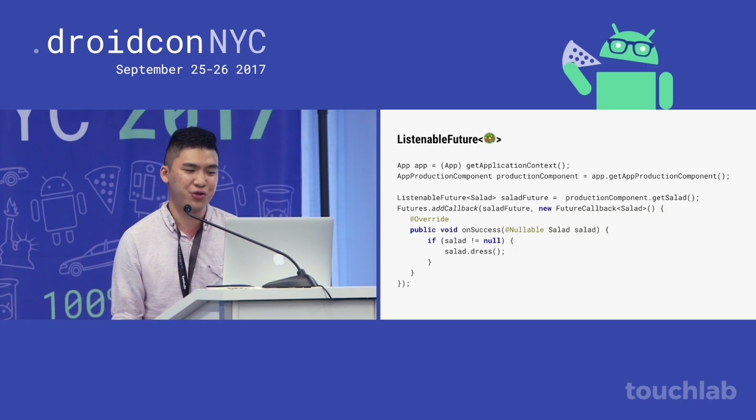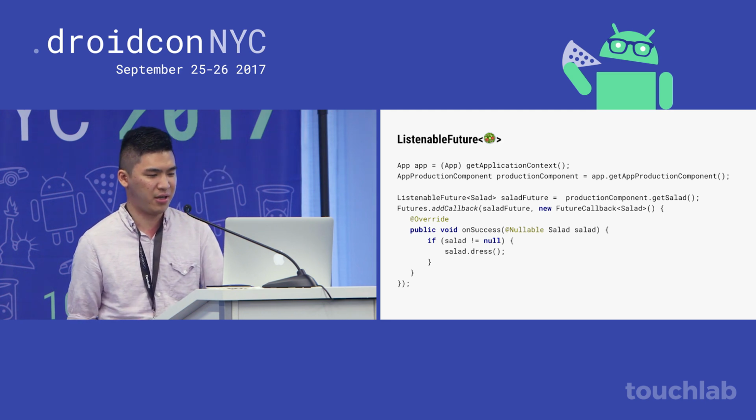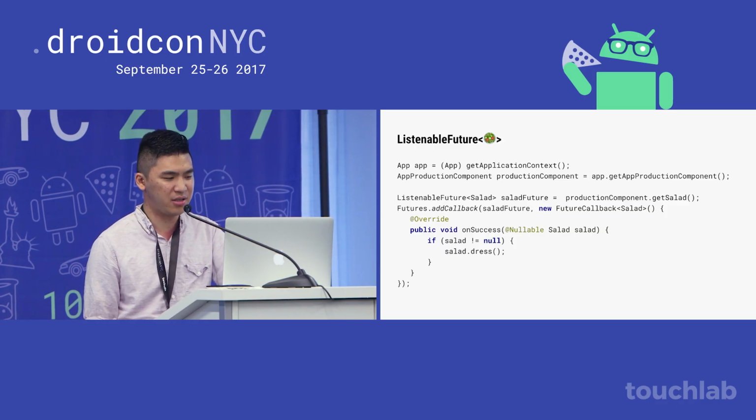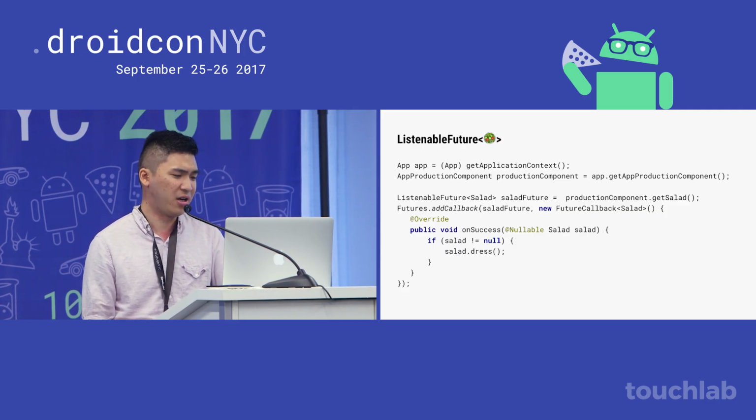So you get a hold of the app production component, and you do futures.addCallback, kind of similar to subscribing to an observable, and when that callback completes, you have your salad, and then you can do whatever you want with it.